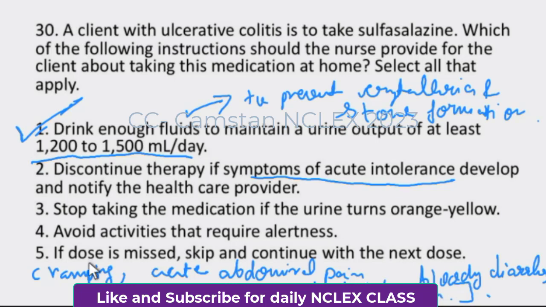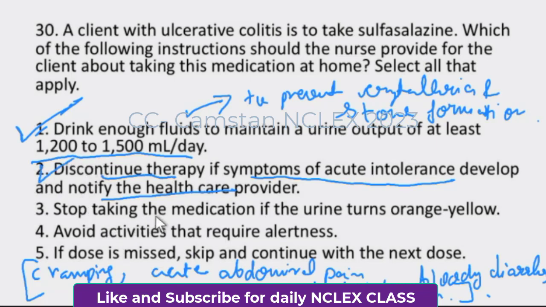So these are the symptoms of acute intolerance, right? If these symptoms persist, then the client has to discontinue the therapy and notify the healthcare provider. So the second option is also correct.